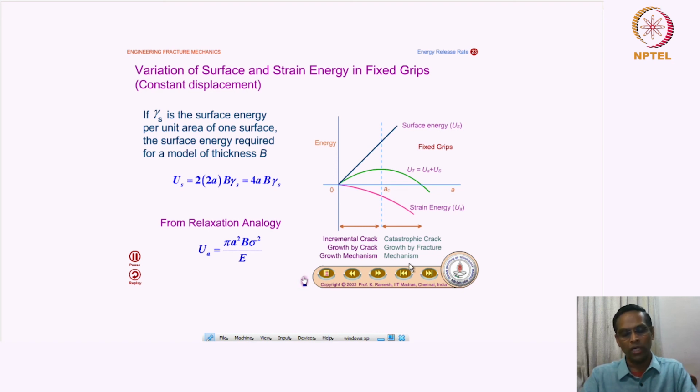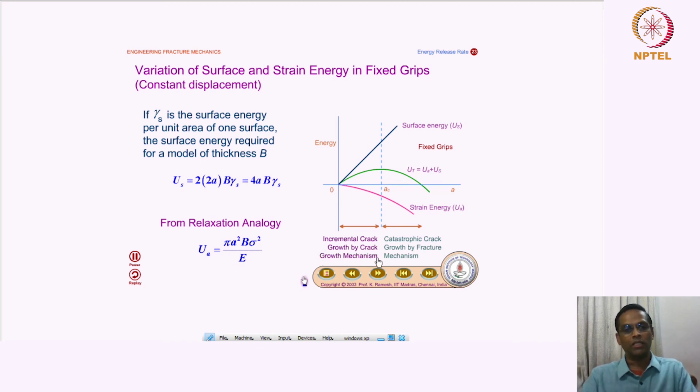So what we have to understand here is, when we talk about energy release rate, we are talking about the energy for the crack to grow incrementally, that is delta a. What is the energy required for the crack to grow incrementally? That is what is called incremental crack growth by a crack growth mechanism.